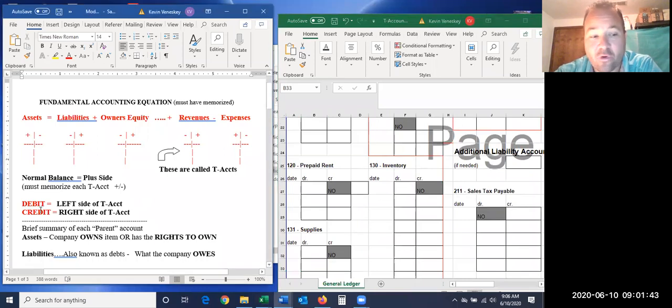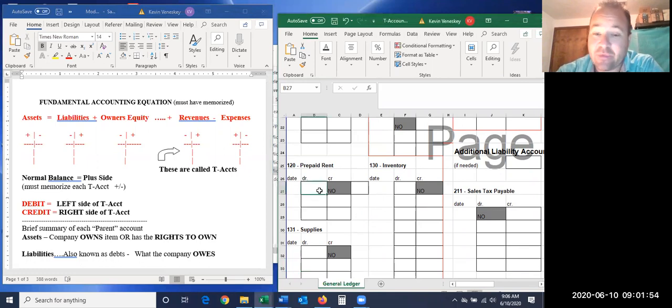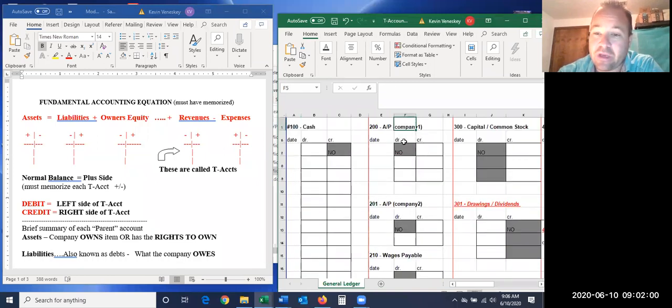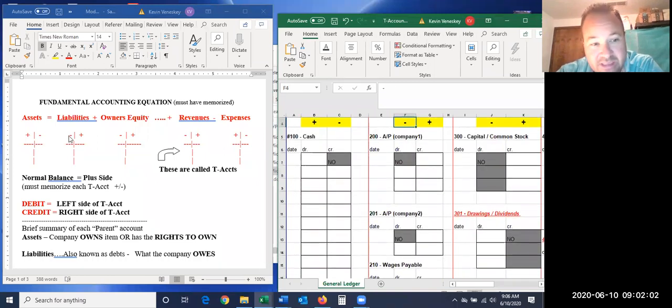Now, when I say debit and credit, debit does not mean increase, and credit does not necessarily mean decrease. As we'll see in the assets, yes, debit does mean increase. But when we get over to the liabilities and the owner's equity and the revenue, you'll see that the debit is still on the left, but the debit side means actually decrease.